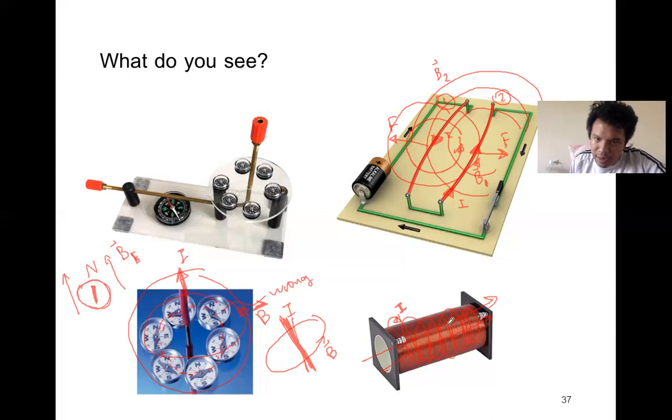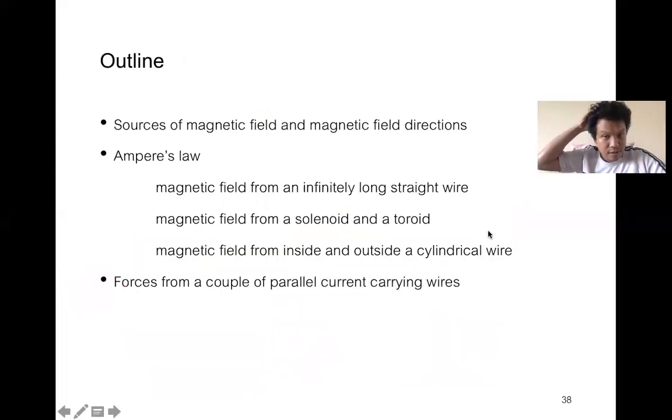The magnetic field in the coil is very strong, but the magnetic field outside the coil is 0. This phenomenon is pretty interesting, and we are going to discuss it. So we talk about the source of magnetic field and magnetic field direction, and then we are going to use Ampere's law to find the magnetic field in some cases.